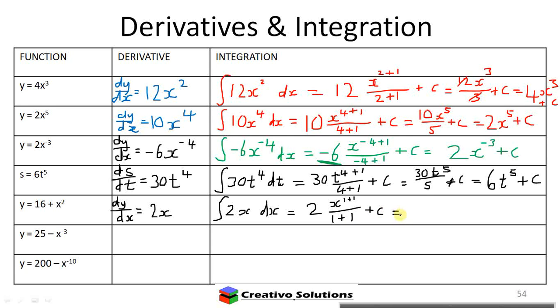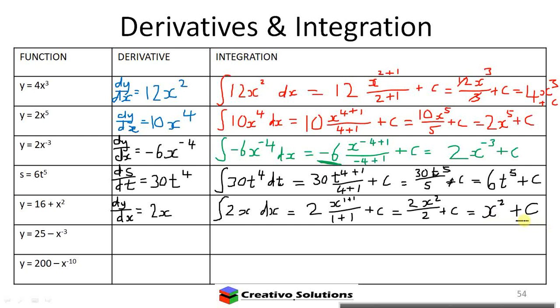It'll just be 2x to the 1 plus 1 over 1 plus 1, plus c, equals... will it be x squared plus 16?